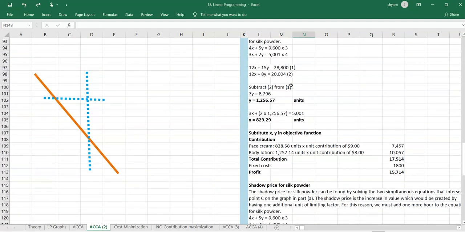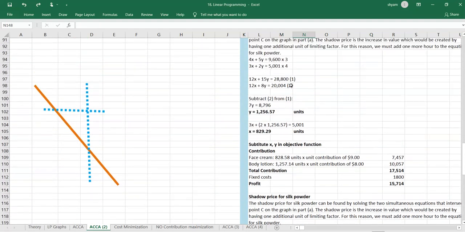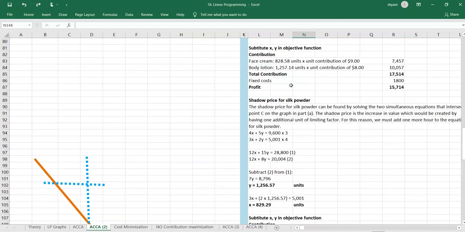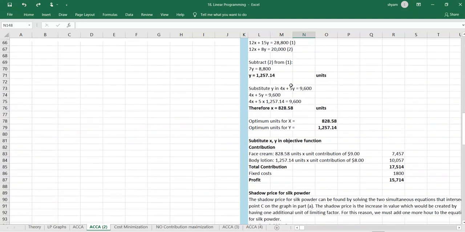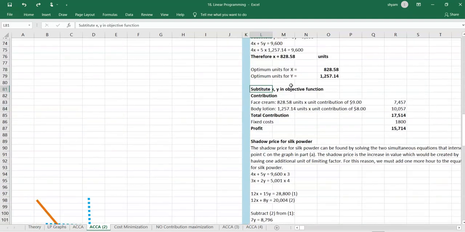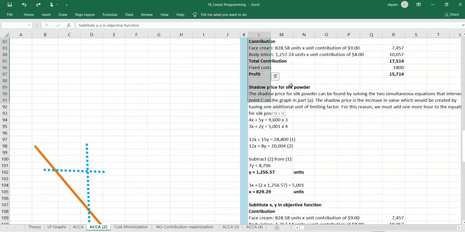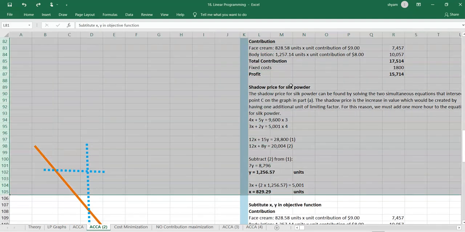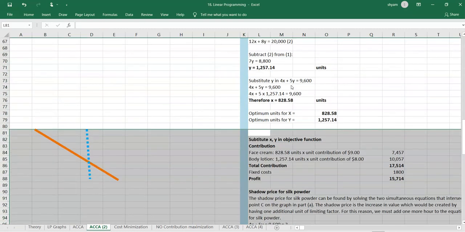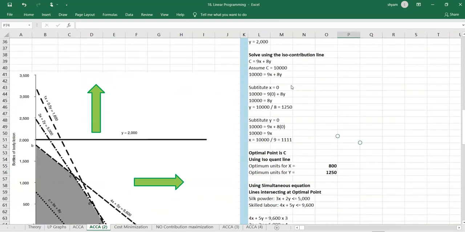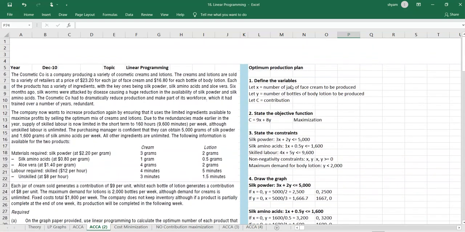This has been a lengthy kind of a sum. Hope you get the idea.